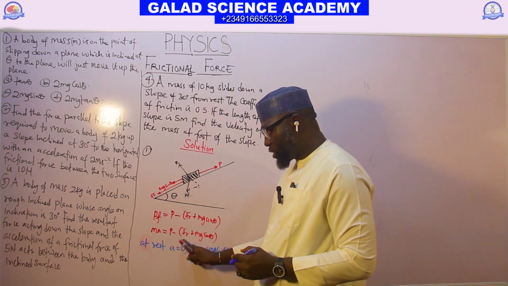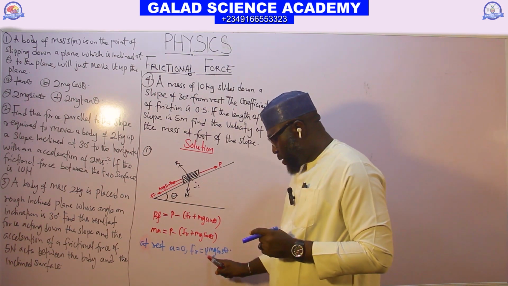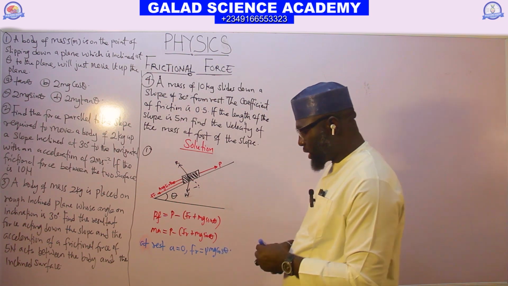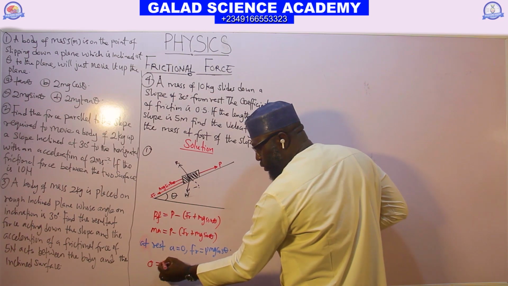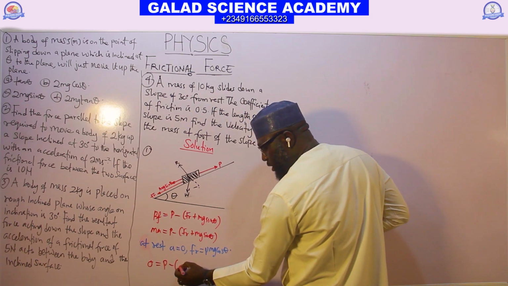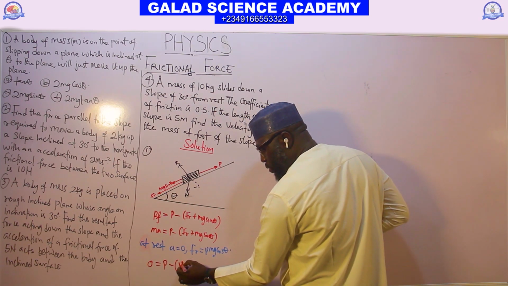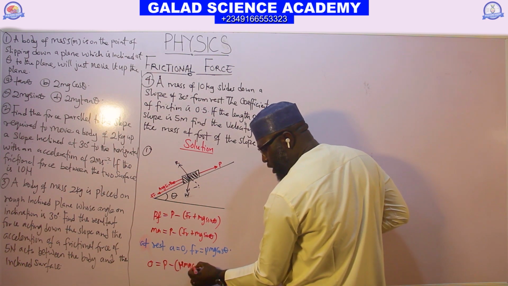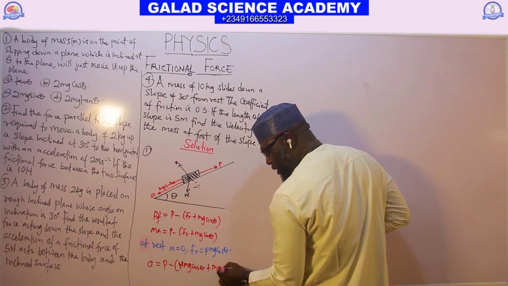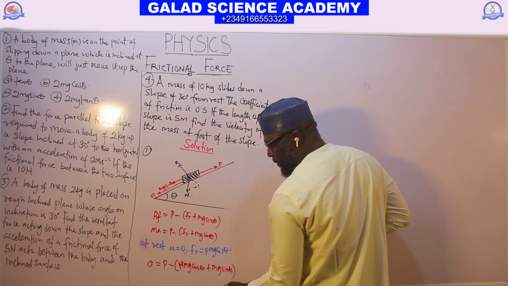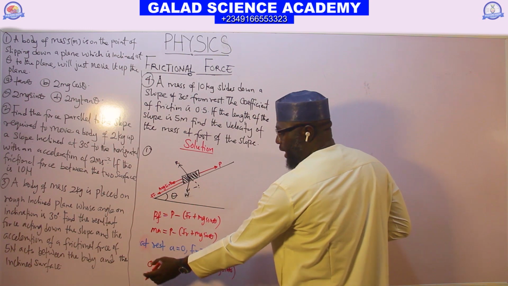Substitute for each value. If you put 0 here, you have 0 equal to P minus mu mg cos theta plus mg sin theta, and it's equal to 0.